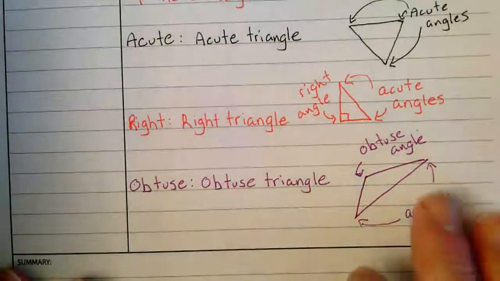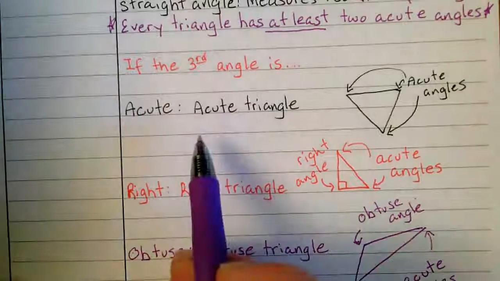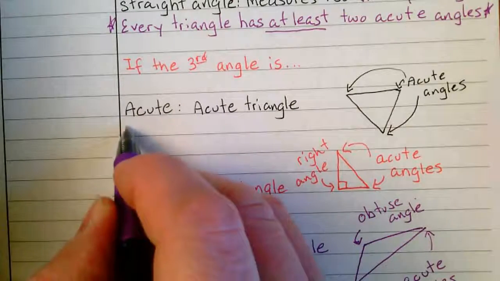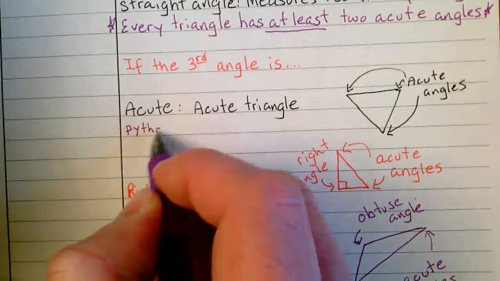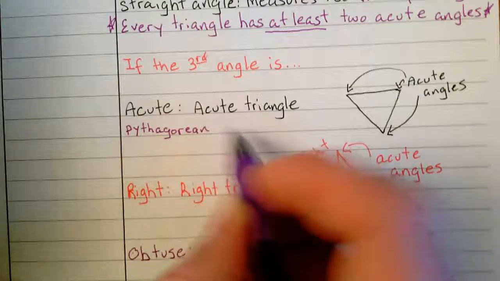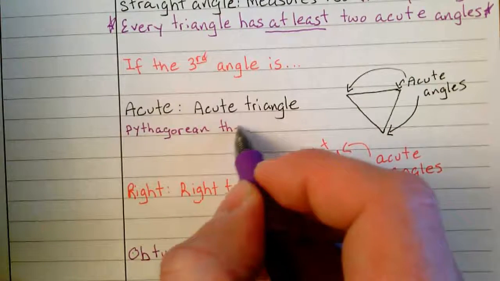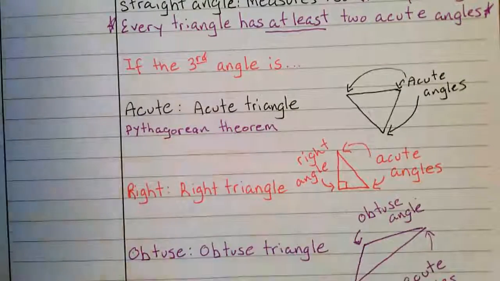All right, now, as a final note here, in an acute triangle, there's a little bit of a Pythagorean theorem thing going on here.